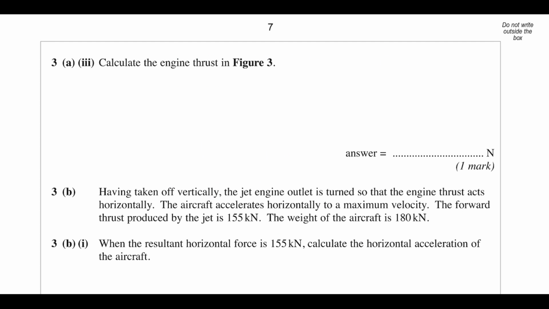Now I want us to calculate what the engine thrust is. I'm going to apply linear equilibrium, so the upward force must equal the downward force. The forces upwards we just calculated: 68,000 plus whatever the force is must be equal to the total weight force of the aircraft, which is 180,000.